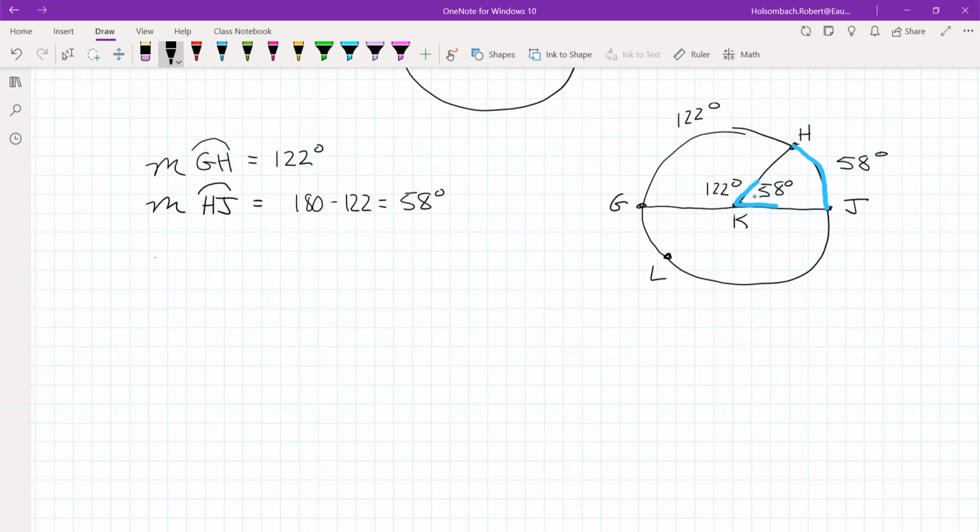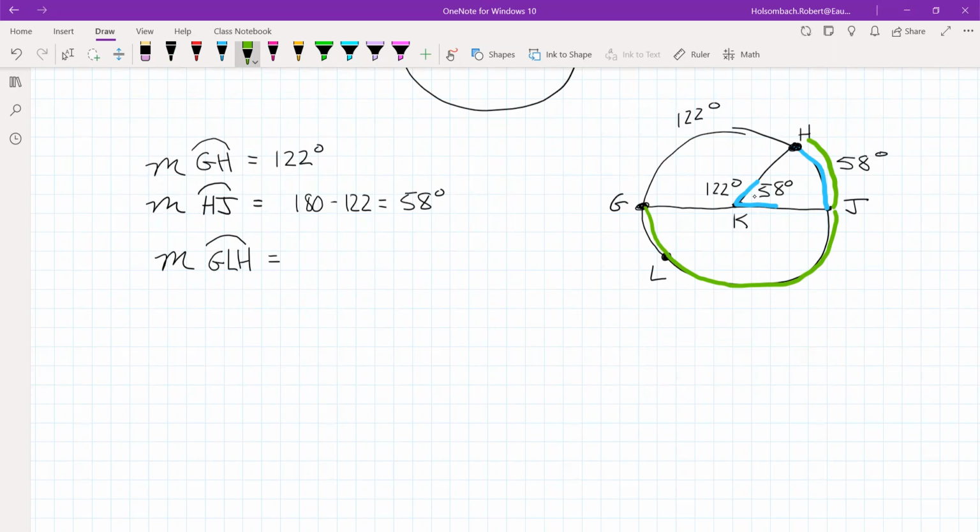Now we need the measure of arc GLH. We're starting at G. We're going through L. And we're ending up here at H. So we're going semicircle. And then we're taking this blue arc and adding it to it, right?